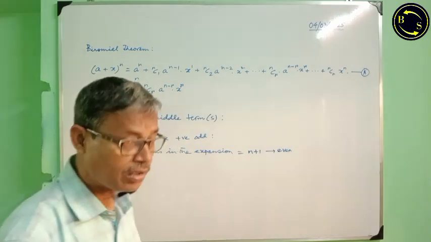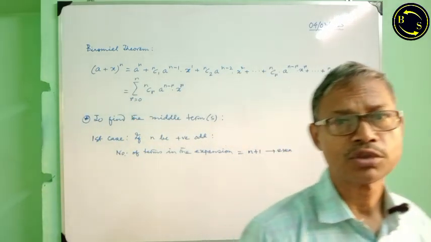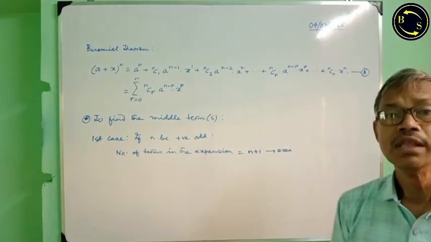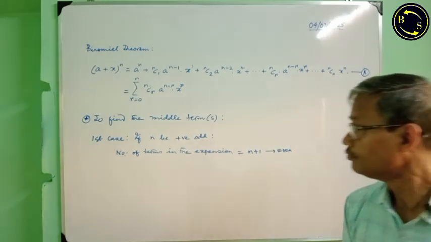That means there will be, say, 6 terms or 8 terms or 10 terms like this. Then there will be 2 middle terms.